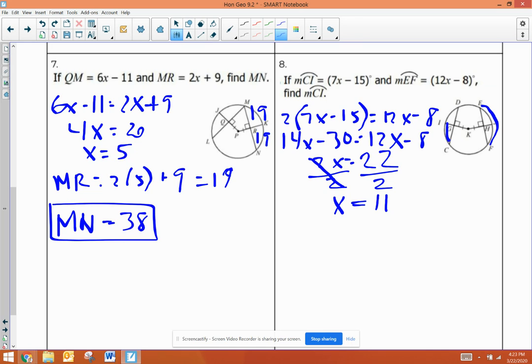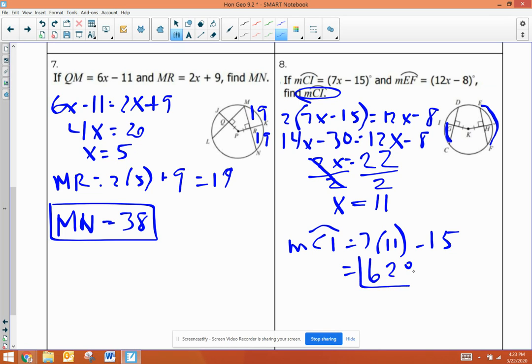Great. I want to find the measure of arc CI. So that's this little part there. I'll just plug it in. Measure of arc CI is 7 times 11 minus 15. So that is going to be 62 degrees.